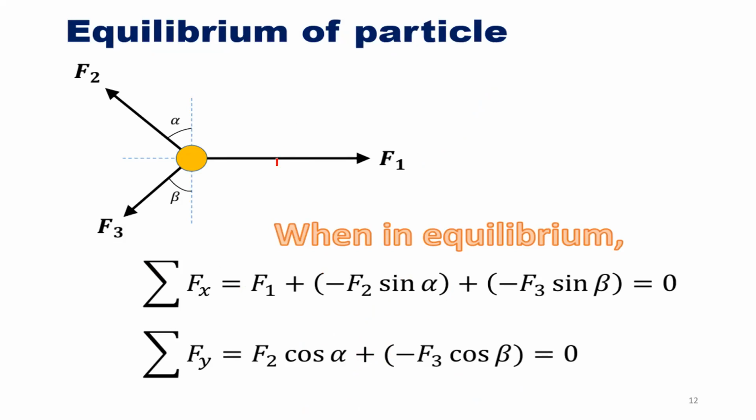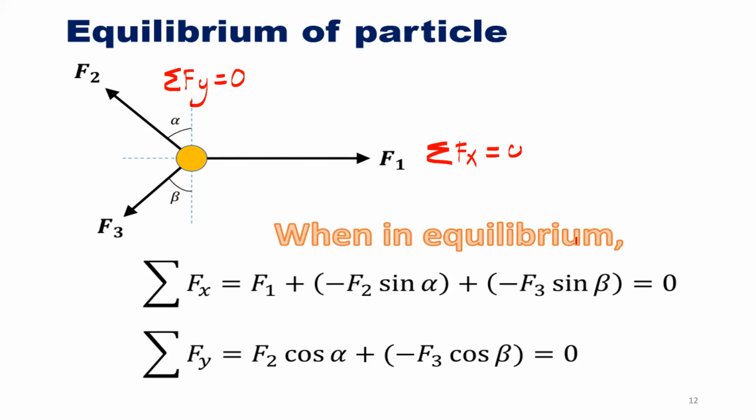So for example, now, when it is in equilibrium, I must understand horizontally, there should be no resultant force. There should not be a resultant force in horizontal, meaning the total force in the direction of x should be 0, and the total force in the direction of y also must be 0. So there should not be a net force in the x direction, net force in the y direction.